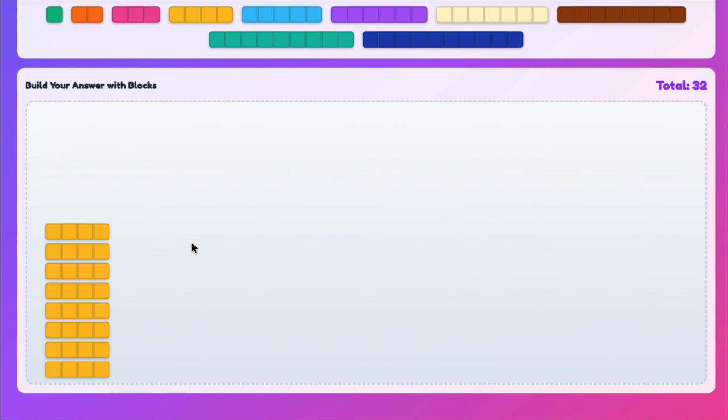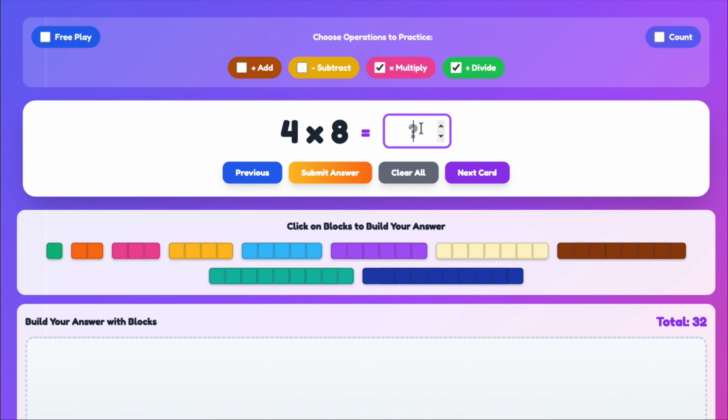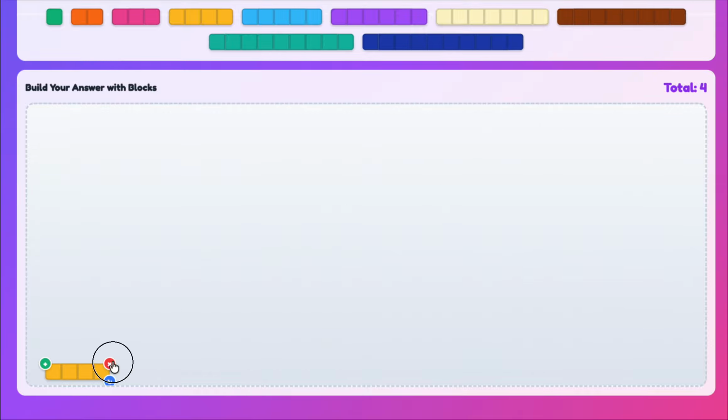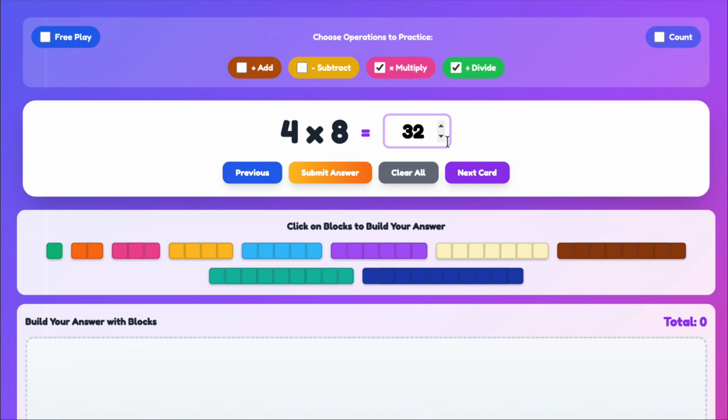Counting 4s is all we do. So 32. Also, you can see the total there. If I take away a 4, you're going to see I'm at 28. I'm at 24. So you can count backwards too, right? Until there's nothing left. So you can subtract. And you can see that I subtracted 8 4s.